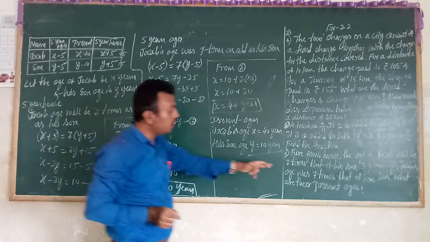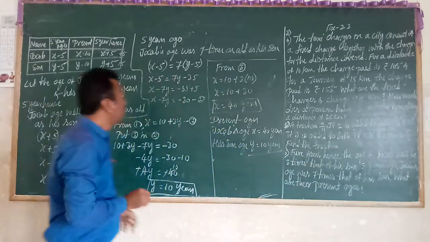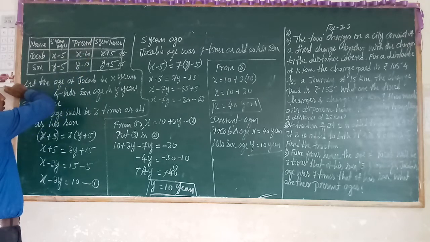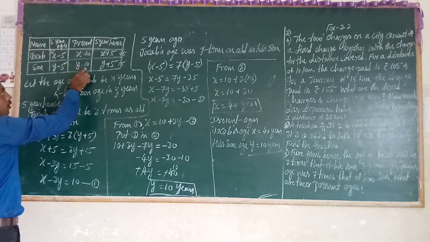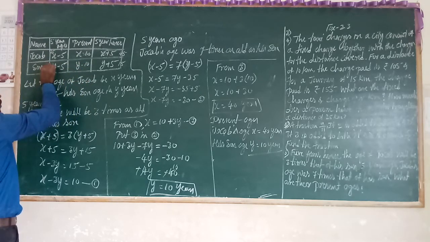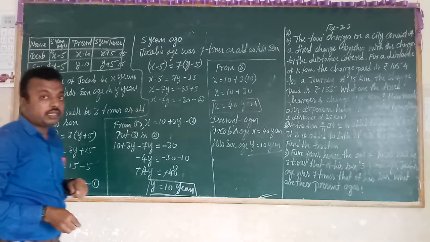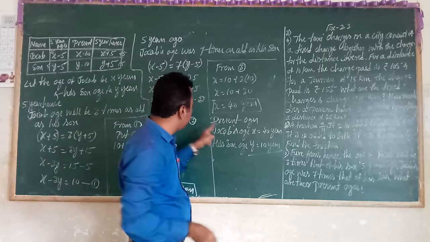So 5 years hence is verified, correct? Now, 5 years ago, Jacob's age is 40 minus 5, which is 35. The son's age is 10, and 5 years ago it was 5. So Jacob's age is 7 times his son's. Is it right?